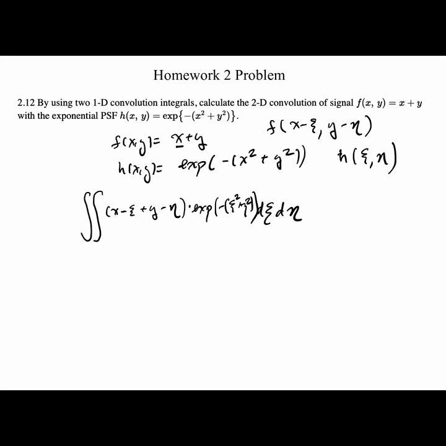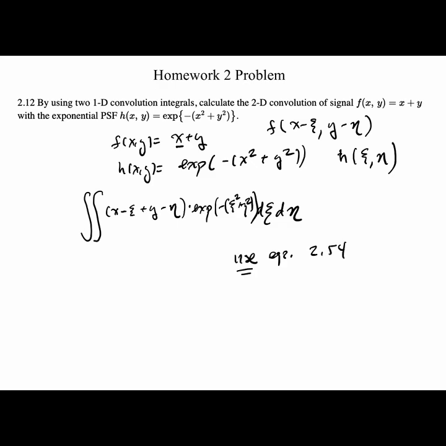Okay, and I think the idea is that because each of these only involves one variable, it should simplify fairly easily. As a hint, you want to use equation 2.54, which is going to become very handy, because one of these is going to be an integral of this form.